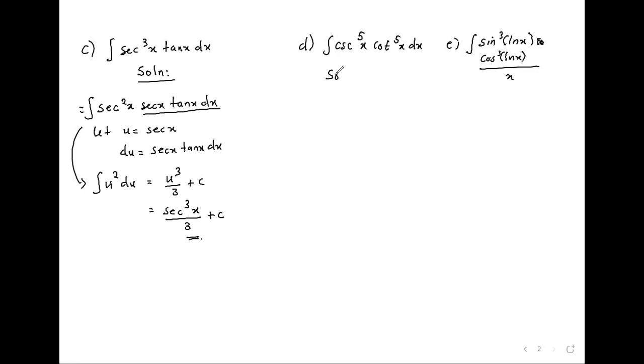Then D, we have cosec 5x and cot 5x. But we have this nice identity that is coming from sine squared x plus cos squared x is equal to 1.